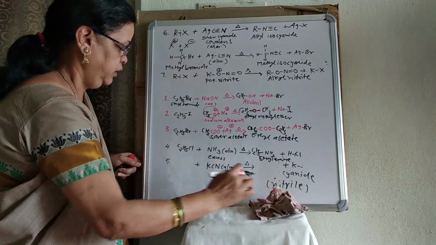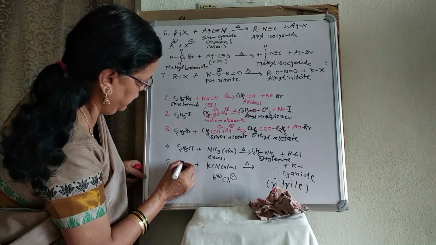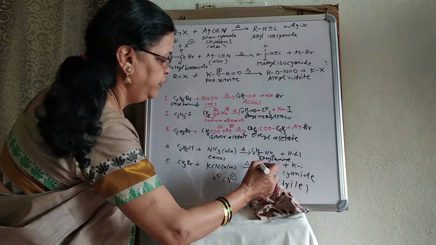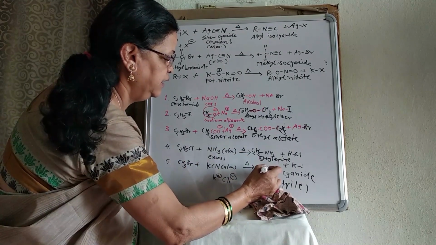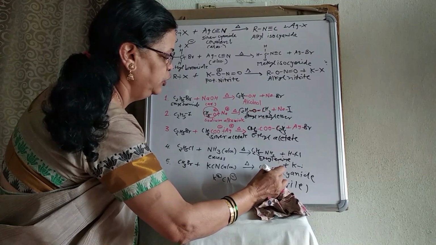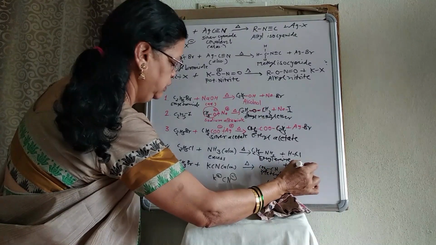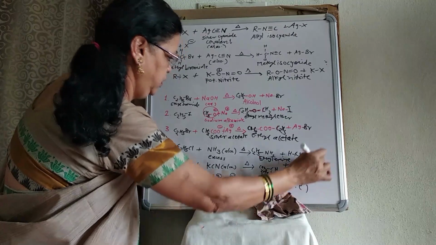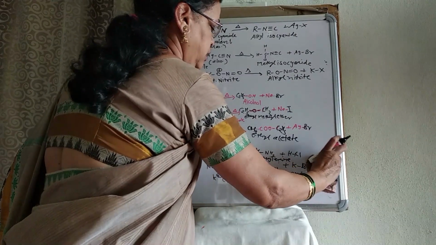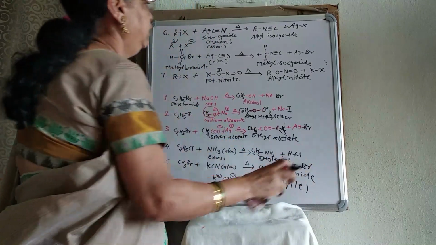Here you can take again CH3Br. What you get here? CH3CN, that is methyl cyanide, plus what is the byproduct formed? Potassium bromide.